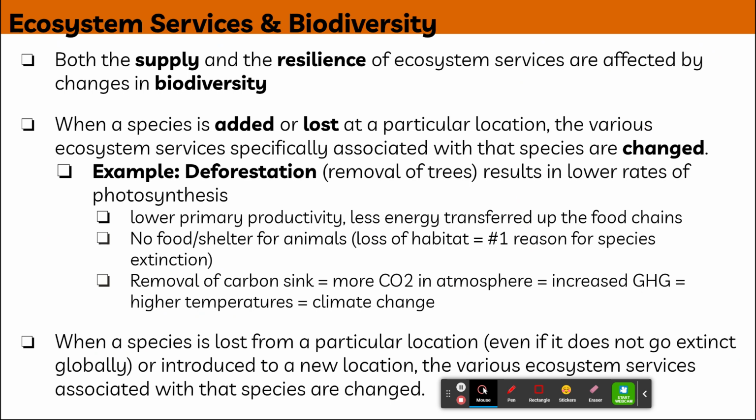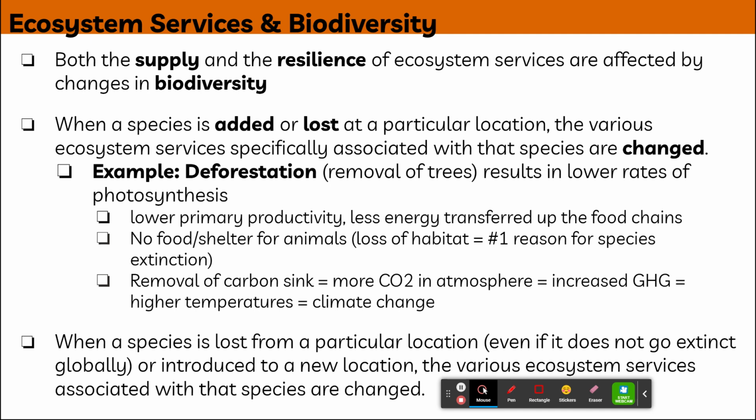So both the supply and the resilience of an ecosystem service are affected by changes in biodiversity. The more biodiversity you have, the more stable your ecosystem is, right? So when a species is added or lost at a particular location, the various ecosystem services can be changed. It just depends on how stable and how biodiverse your ecosystem is, but also the scale of the impact of what's going on, how severe the change is.